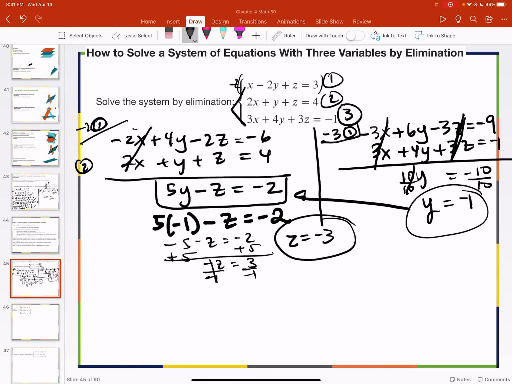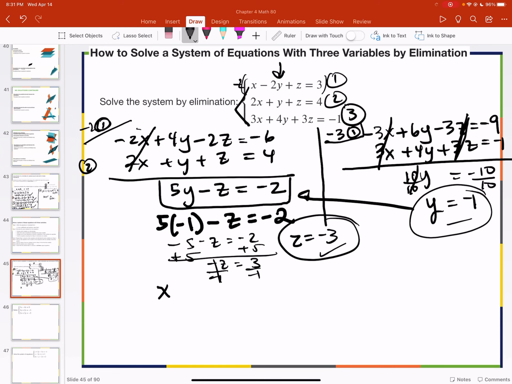Now we need to find x. So let's take this y, this z, and plug it into the first one to find x. So we get x minus 2 times negative 1 plus a negative 3 equals 3. So then we get x plus 2 minus 3 equals 3. This becomes x minus 1 equals 3, and so x is equal to 4.